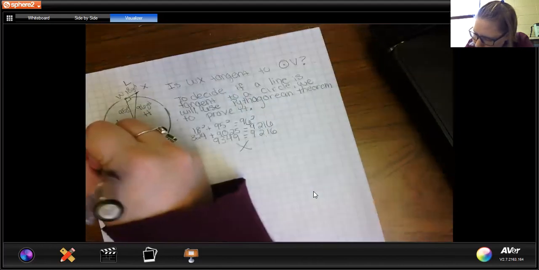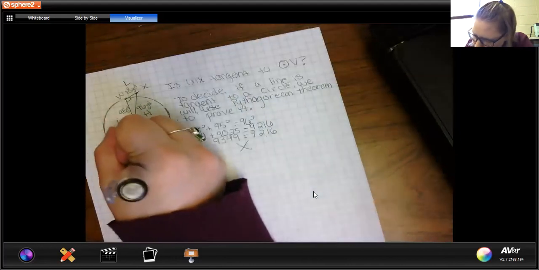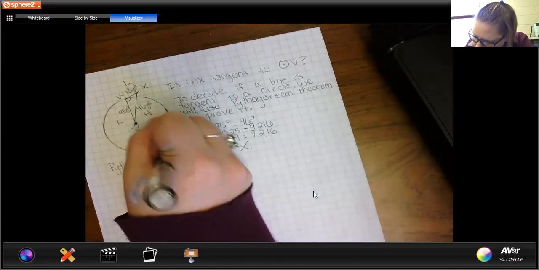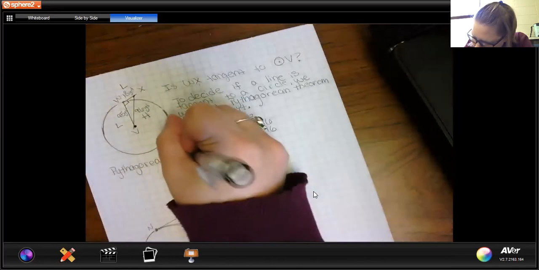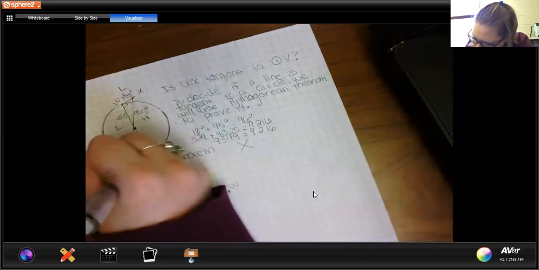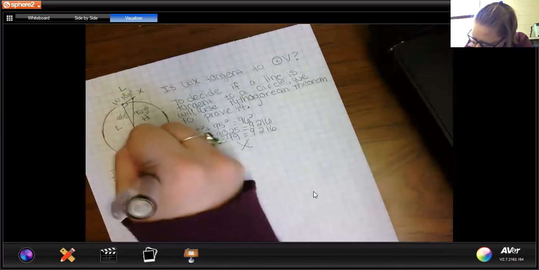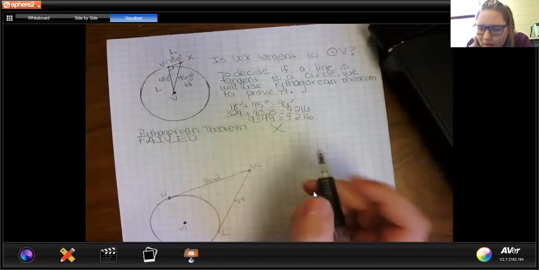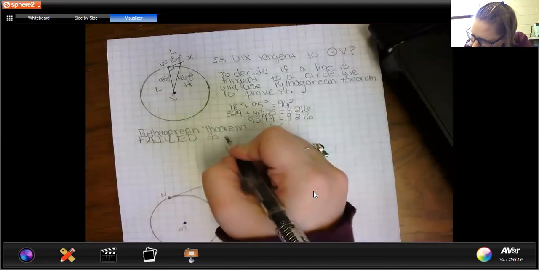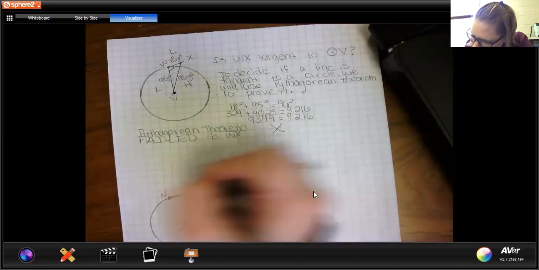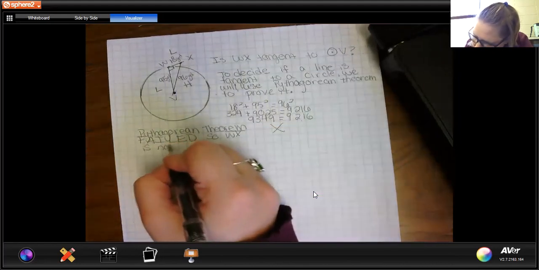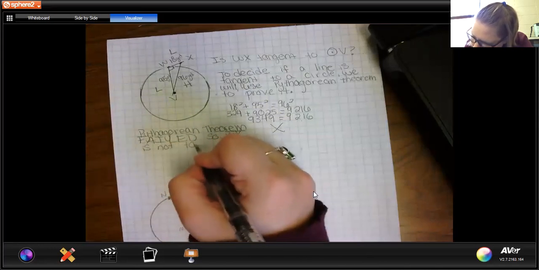So Pythagorean theorem failed, so WX is not tangent to the circle.